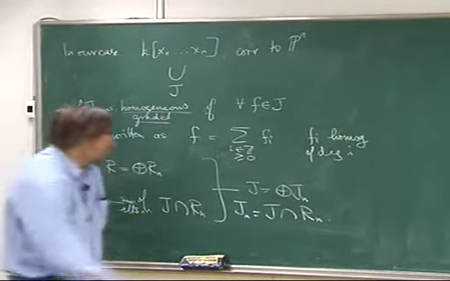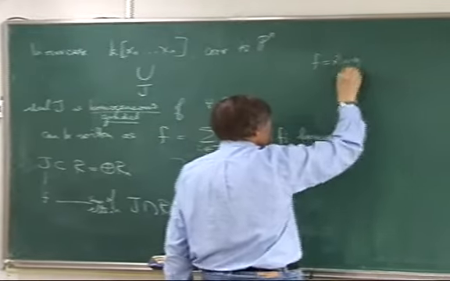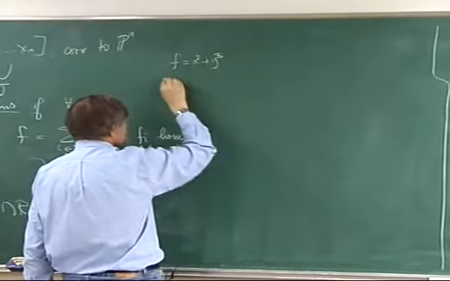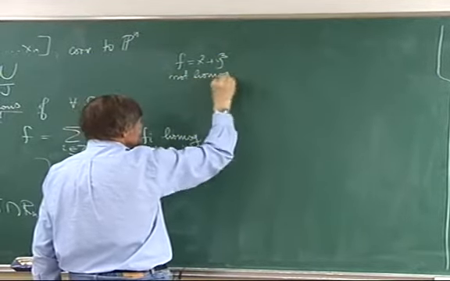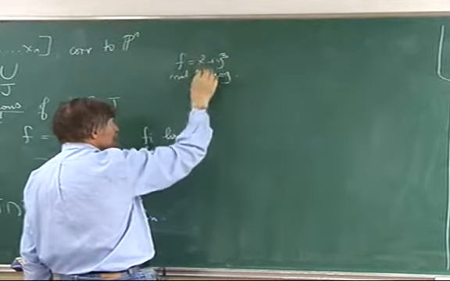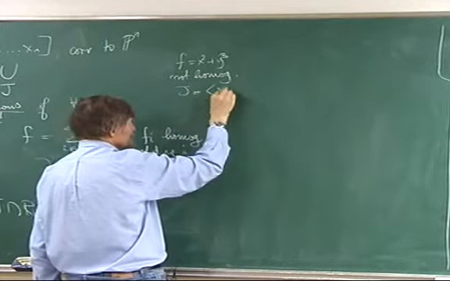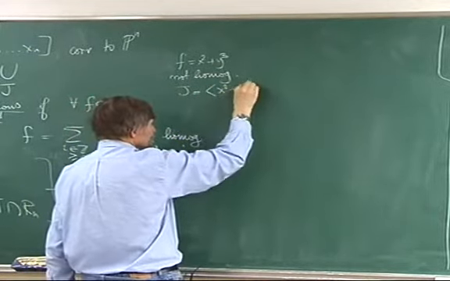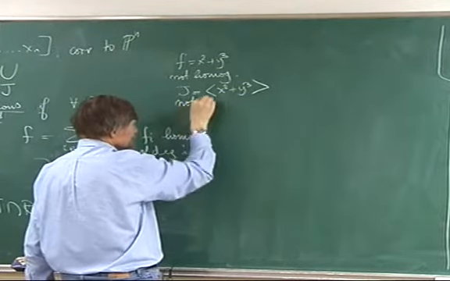Okay, so if I write down f is x squared plus y cubed, this is not homogeneous. If I take the ideal J, which is just the principal ideal generated by x squared plus y cubed, it is not a homogeneous ideal.